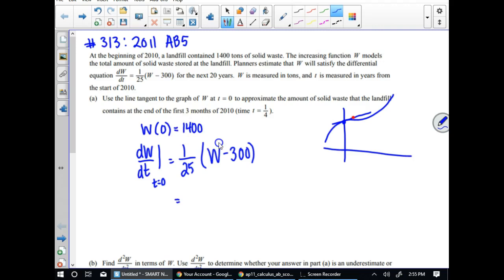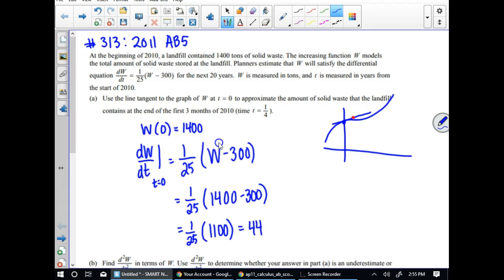So what we're going to have here is 1/25 times 1,400 minus 300. And so we get 1/25 times 1,100, and whenever we do that, we are going to get 44.